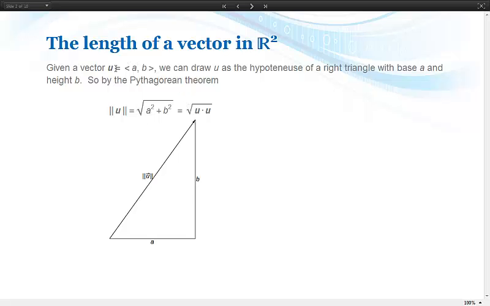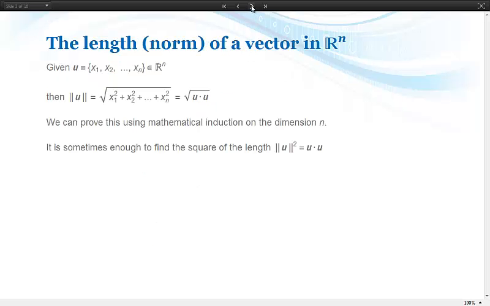But remember, when we take the dot product of u with itself, we get a times a plus b times b. We get precisely a squared plus b squared. And so it's really the square root of u dot u. And we can extend this also to vectors in higher dimensional spaces.